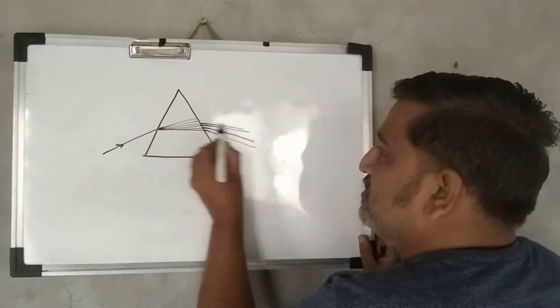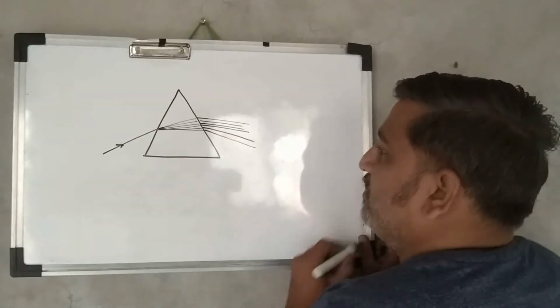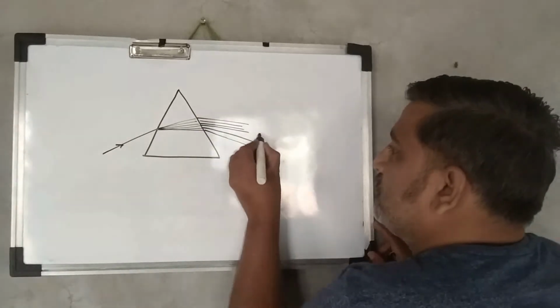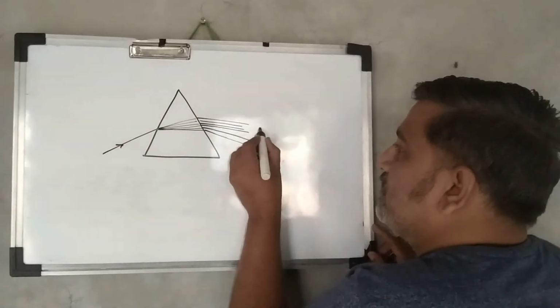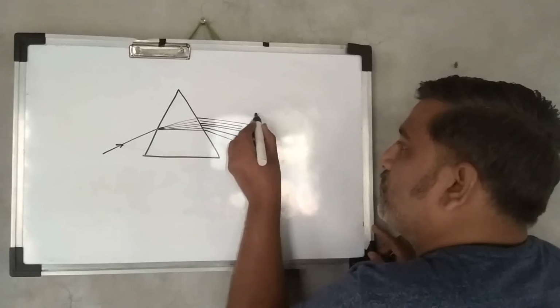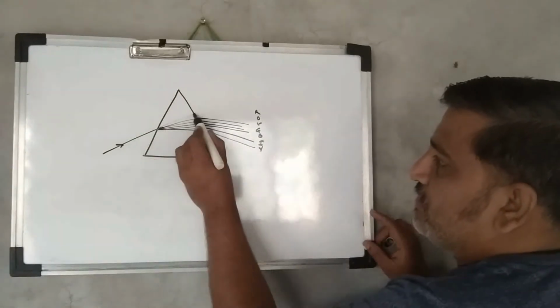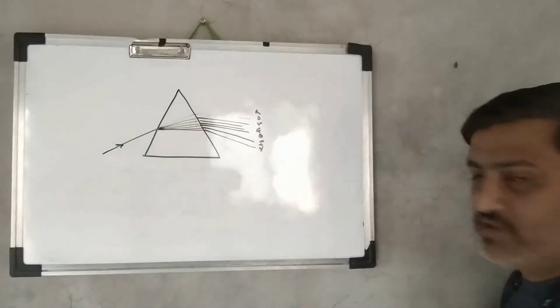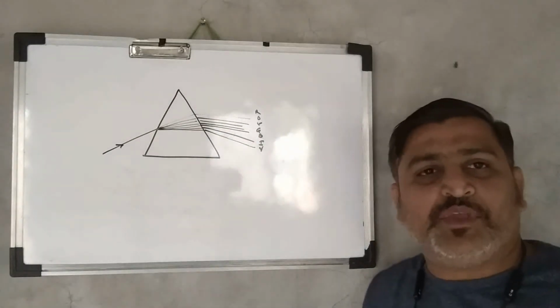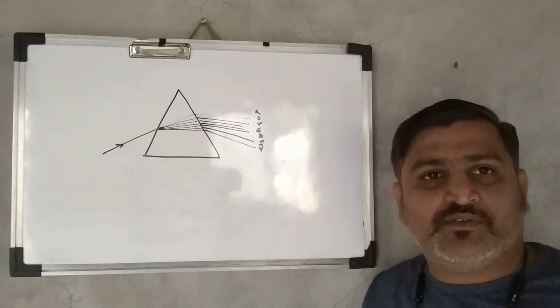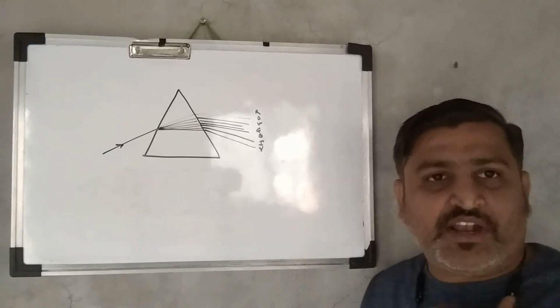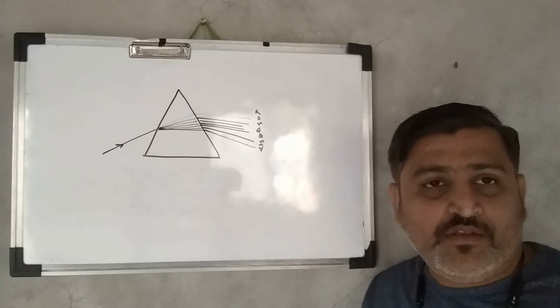And these colors he found as VIBGYOR. Okay, this can be read as VIBGYOR. You can keep it in mind as VIBGYOR, starting from the base of the prism.